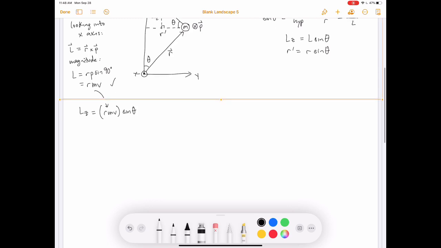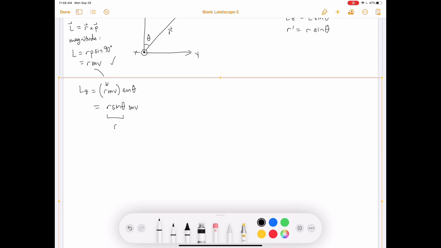Well, I can rearrange this to say r times sine of theta times mv, and this part right here, r sine theta, is just equal to r prime. So what we have is LZ is equal to m times v times r prime.